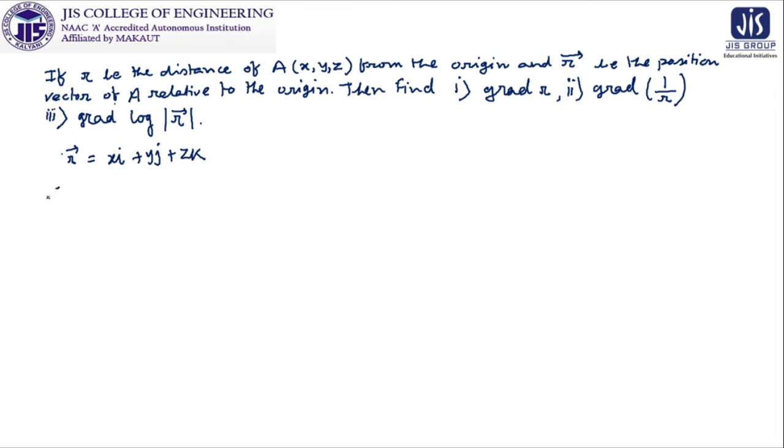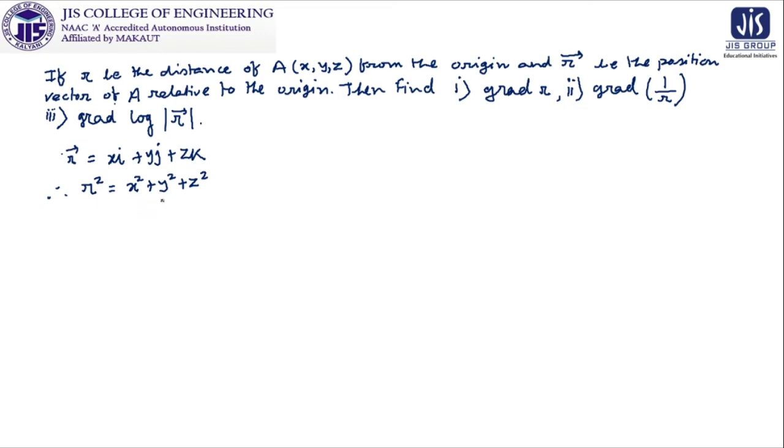It is the first line where we need this trick, that r square is going to be x square plus y square plus z square. We are actually finding the distance of this position vector from the origin, and the distance is root over x square plus y square plus z square, which is equal to r, then r square will be x square plus y square plus z square.